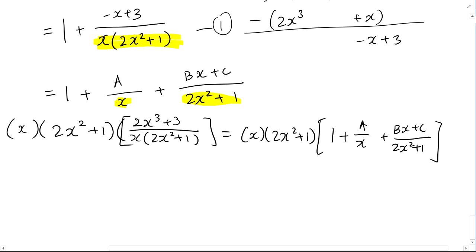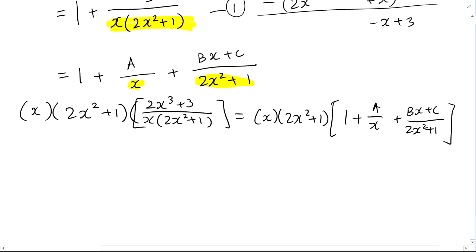So now I'm going to do it based on this approach. Do you see why I say this is correct? I just multiply by the same thing on both sides, so naturally they must be equal. But what's the point of doing that? x cancels x, 2x squared plus 1 cancels 2x squared plus 1. Done. On the left hand side, I'm left with 2x cubed plus 3.